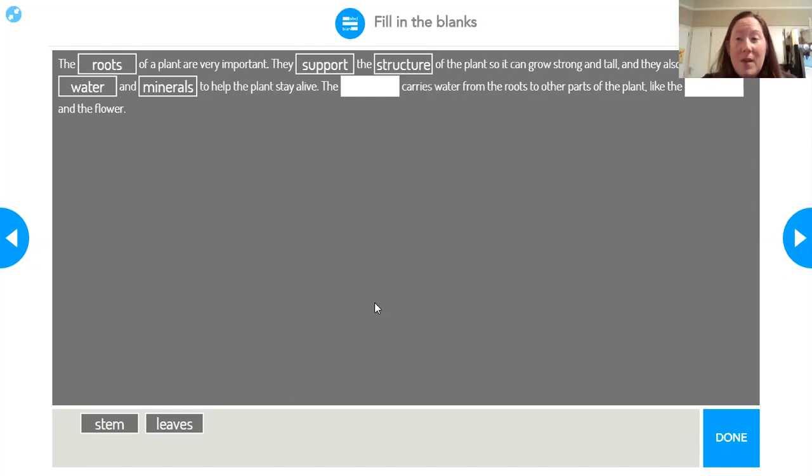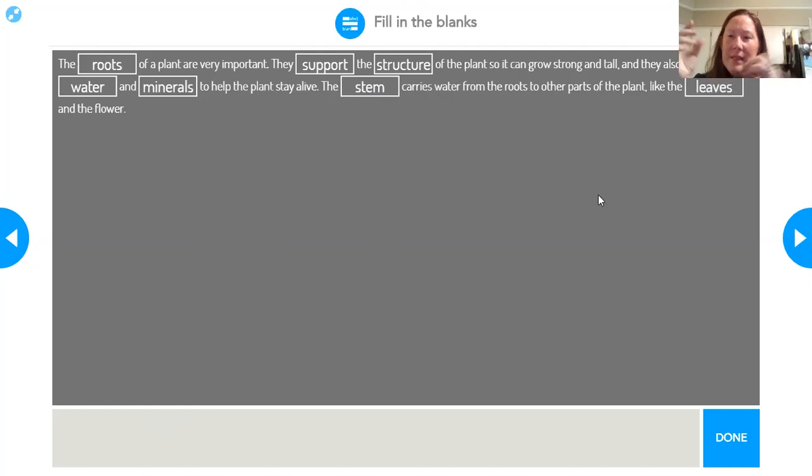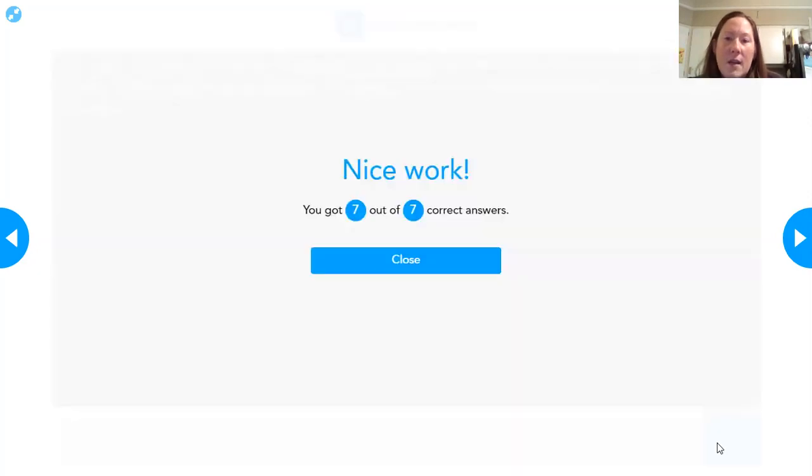Well, if I'm thinking about a flower, those in-between pieces, I think it's the stem is the part that carries the water from the roots to the leaves. Yeah, I know. When I think about a rose flower, there's always leaves along the stem. So I'm going to go ahead and click done. I got 7 out of 7. Whew. And I walked us through that.